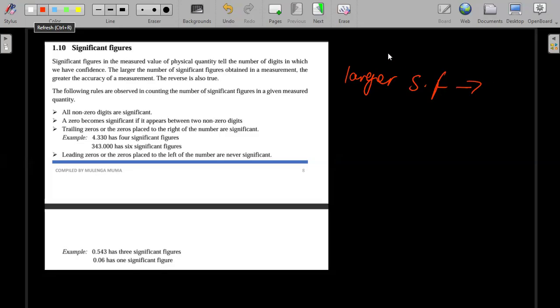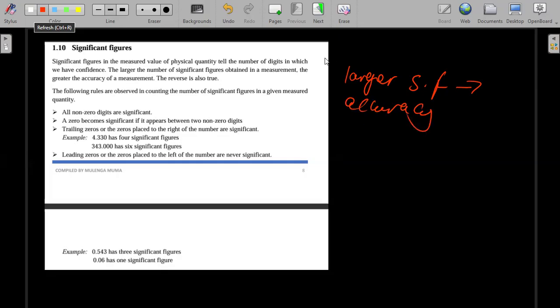So significant figures just help us with the accuracy or precision of the experiment we are doing. Okay, so we understand what accuracy and precision are as we move on.